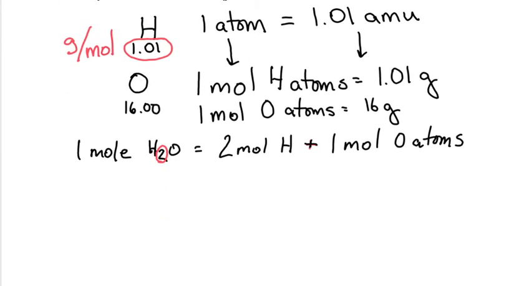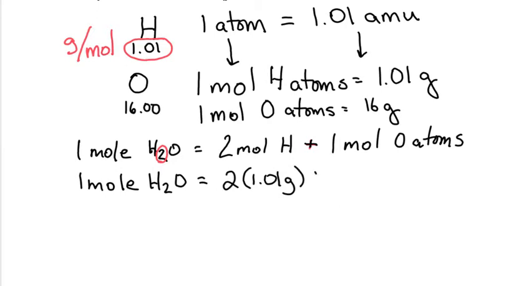So that means that 1 mole of water weighs 2 times the atomic mass of hydrogen in grams, plus 1 times the atomic mass of oxygen in grams.